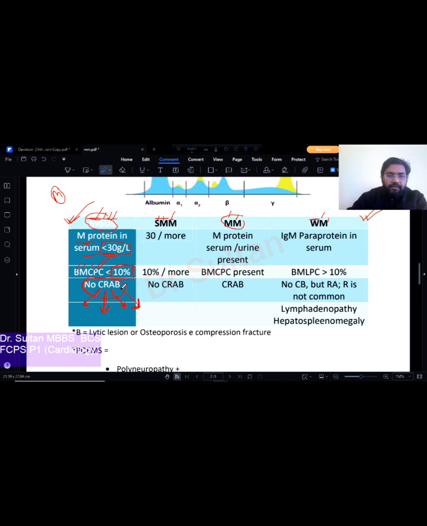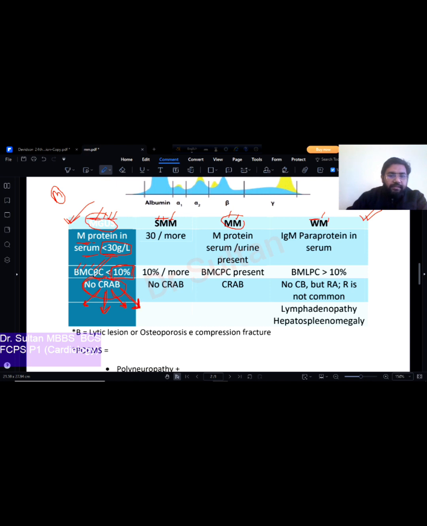The skeletal lytic lesion can be on the skull, or it can be osteoporosis with compression fracture. So these are the CRAB.